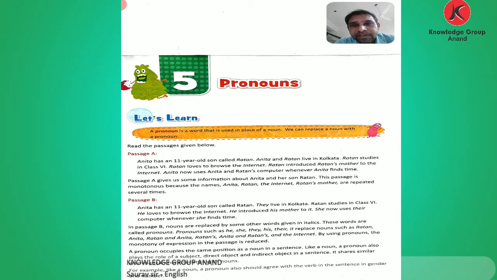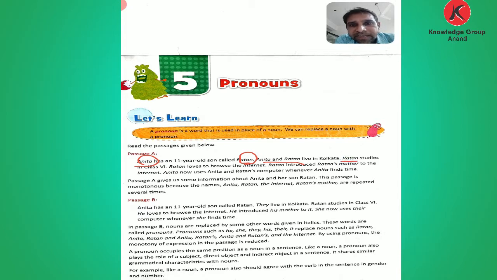There are many examples here. Anita has an 11-year-old son called Ratan. See these two names given here, Anita and Ratan. They are nouns. Now the two names together start the sentence: Anita and Ratan live in Kolkata.